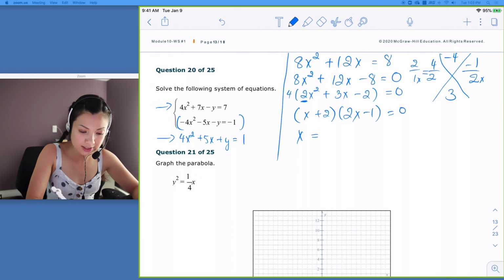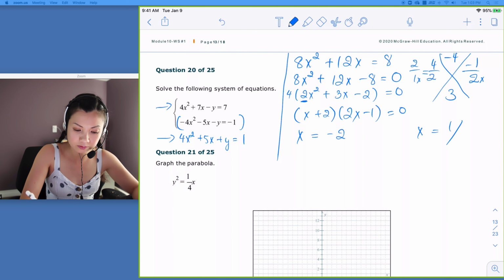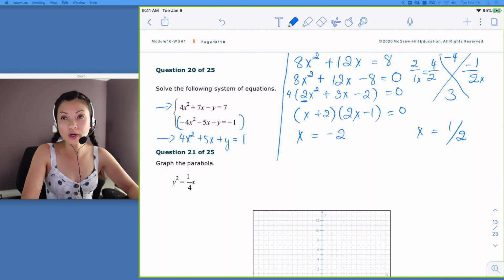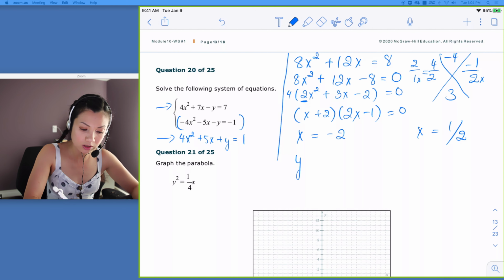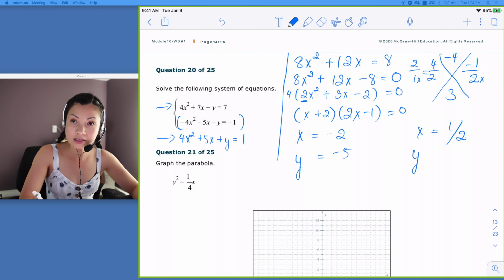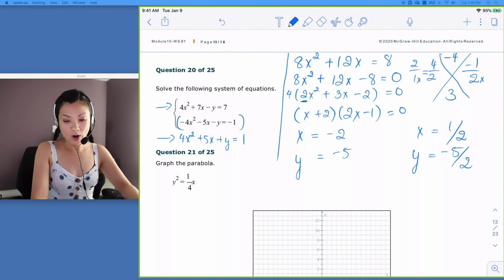So for the x, I have negative 2, and x equals 1/2. Okay, and then once again you go back and you solve for y. You can pick the first one or the second one. So for x equals negative 2 you're going to get negative 5 for y, and for x equals 1/2 you're going to get negative 5/2.